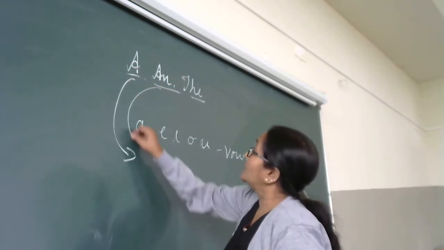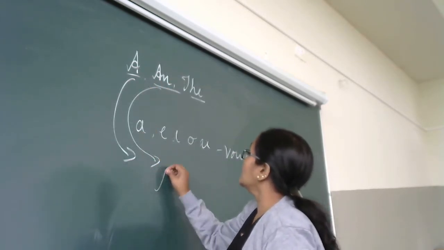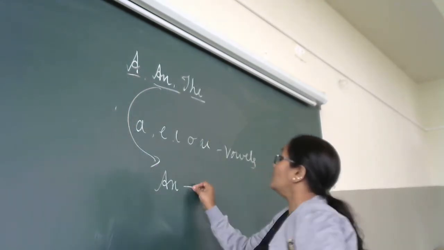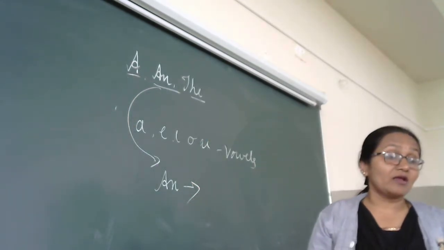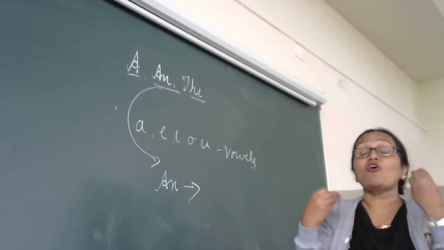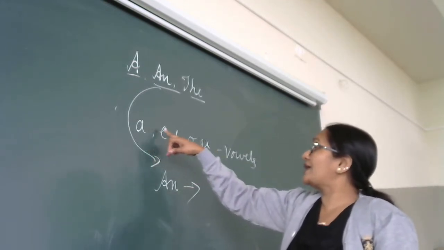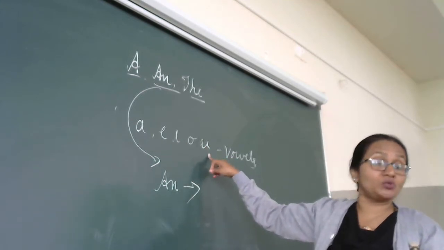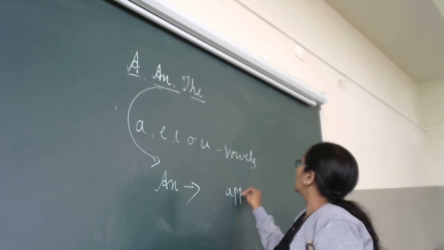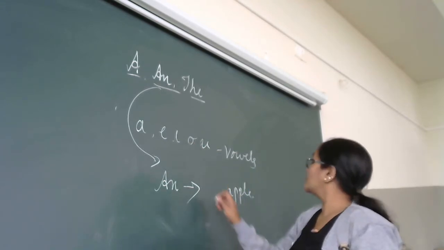Now we will learn an. We use an before the nouns which begin with a vowel sound: A, E, I, O, U. For example, apple, orange, or ice cream.